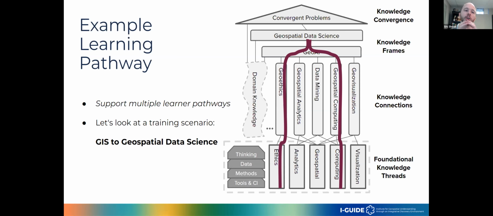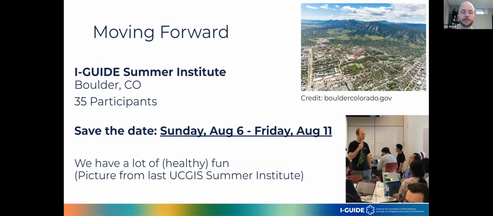That assumes that they already understand data mining, geovisualization, and geospatial analytics, which tends to be a strength for a lot of GISers. So this is just one example. Now, if you use a social scientist, they might have a completely different skills background, so it might have a different pathway in terms of what you're really trying to emphasize.